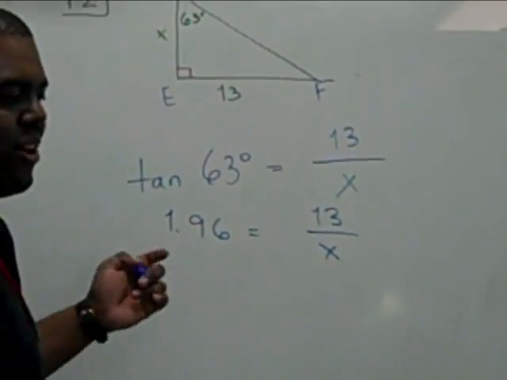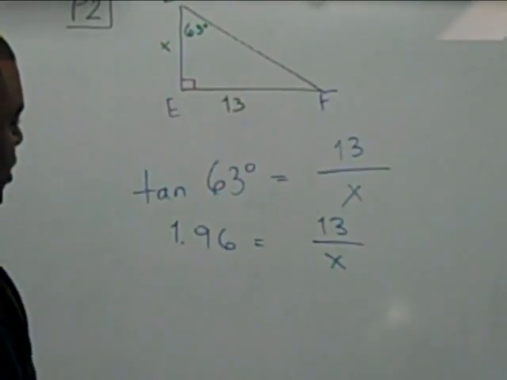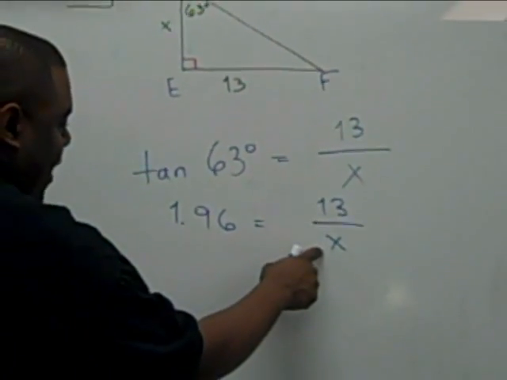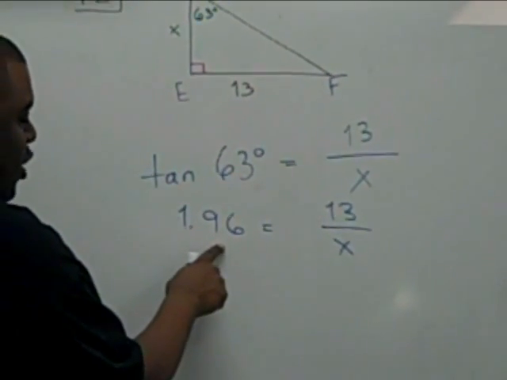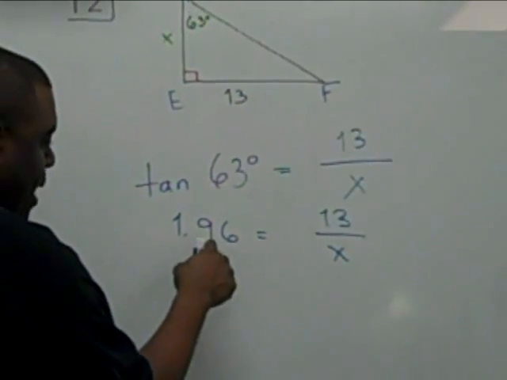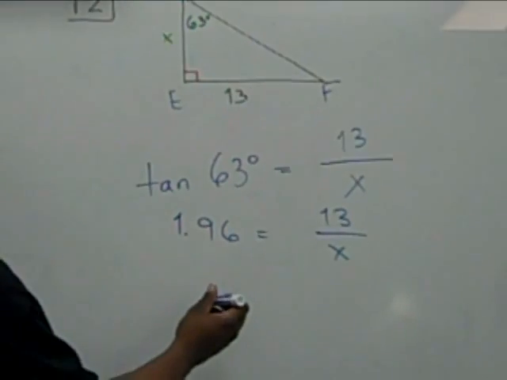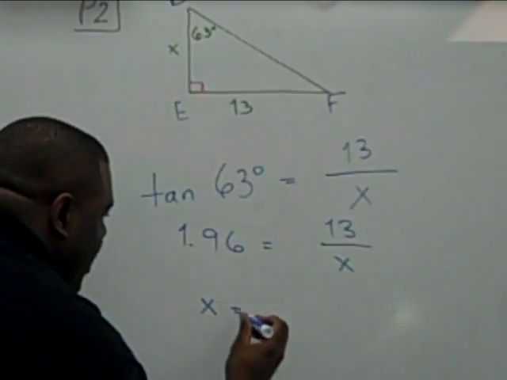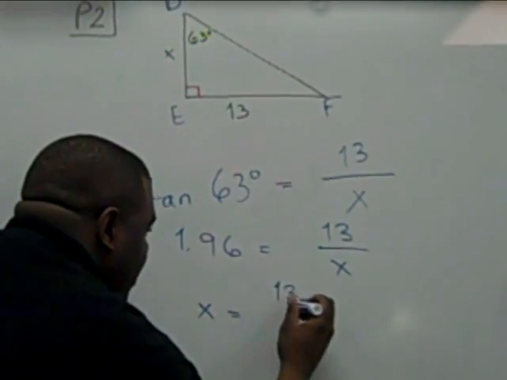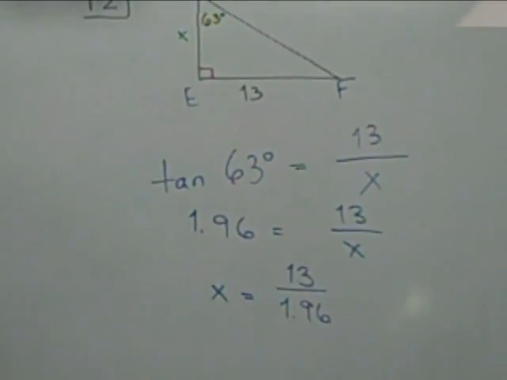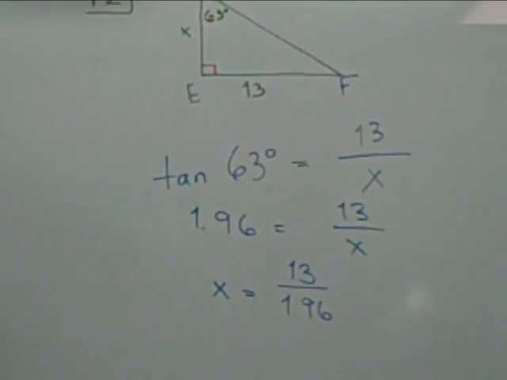Now, how do we solve for x? Well, since this is 13 divided by x equals 1.96, we can actually rewrite it by interchanging these two numbers right here. So that would make x equal to 13 divided by 1.96.